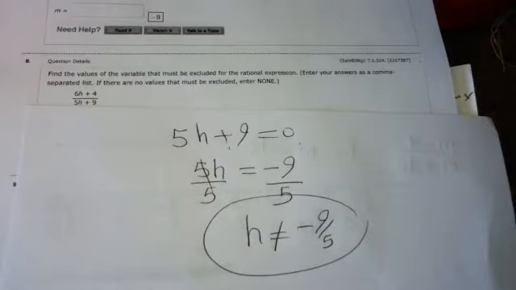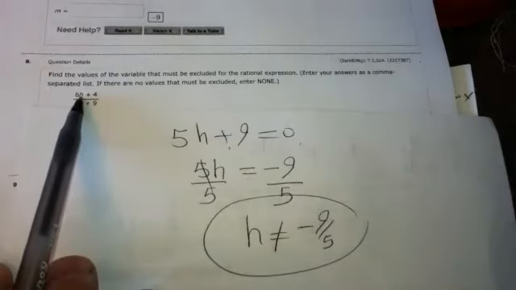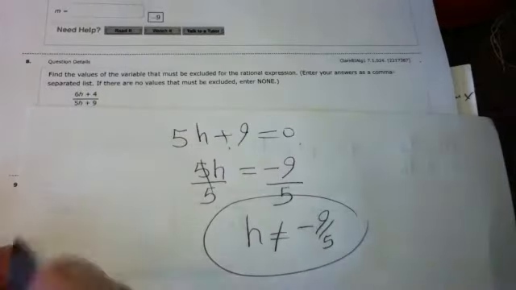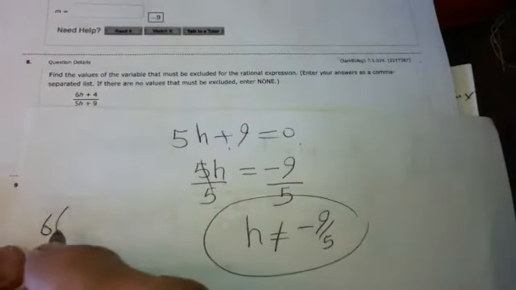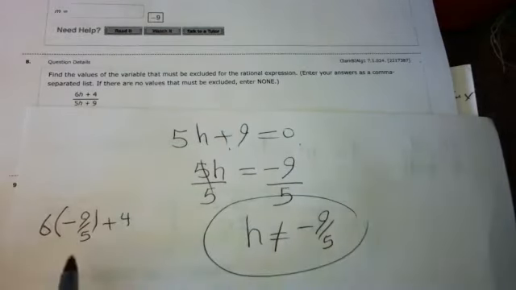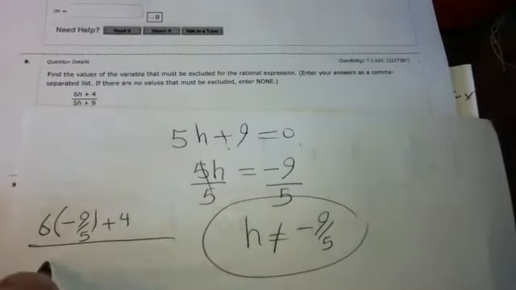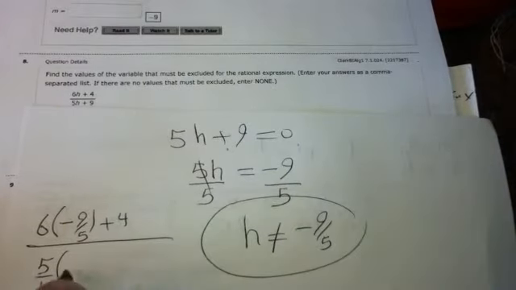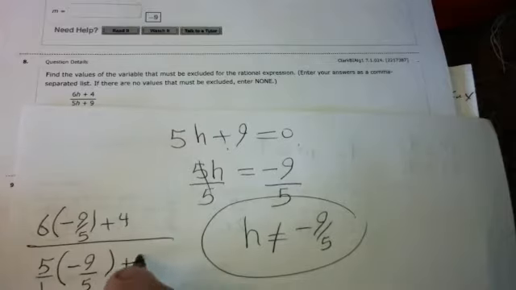Well, let's try. I'll take this one and I'll substitute for the h here. Look. 6 times minus 9 over 5 plus 4. And here the denominator is 5 times minus 9 over 5 plus 9.